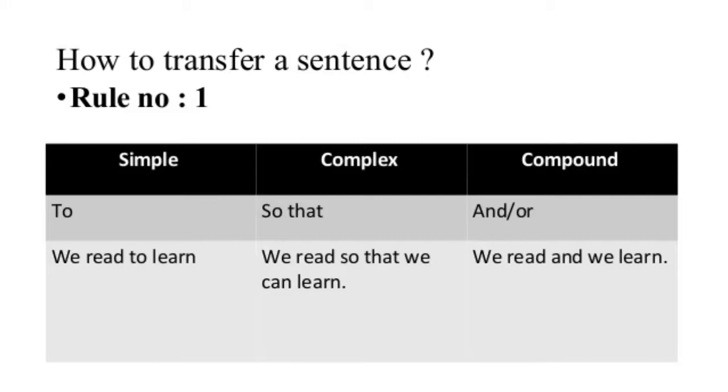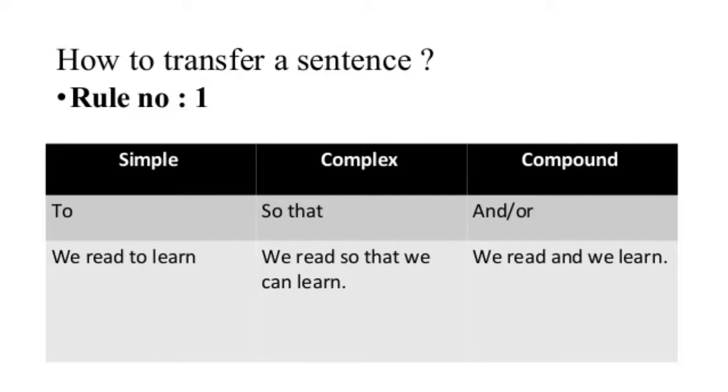In a complex sentence, we have to use the subordinating conjunction so that. The example here, we read so that we can learn. So we are using the subordinating conjunction so that in the complex sentence.